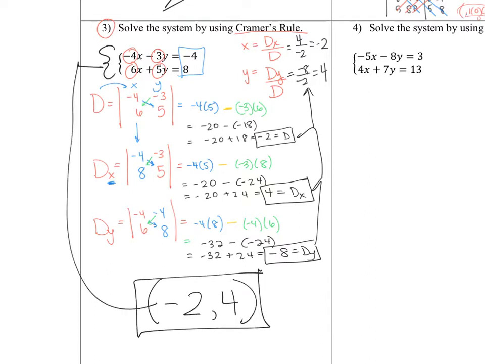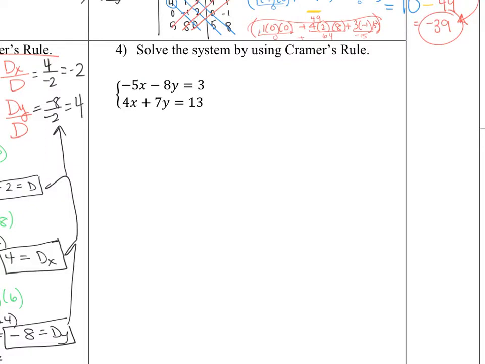All right, number 4, we're going to do the same thing again. So we need to find our D, Dx, and our Dy. So let's start by finding our D, which will be, again, looking at the coefficients. So we'll have negative 5, 4, coefficients of x, coefficients of y.